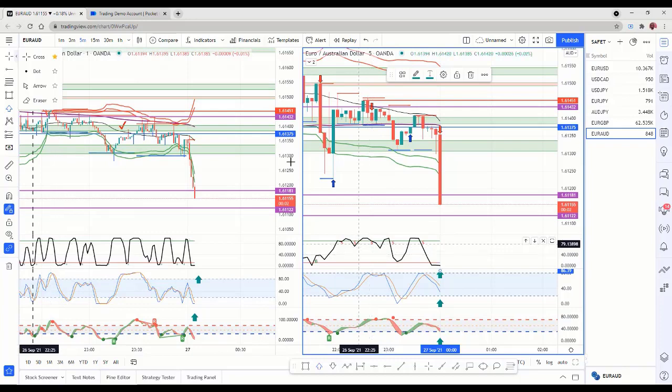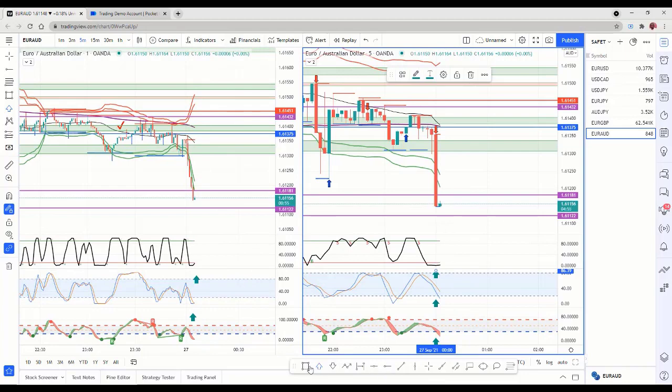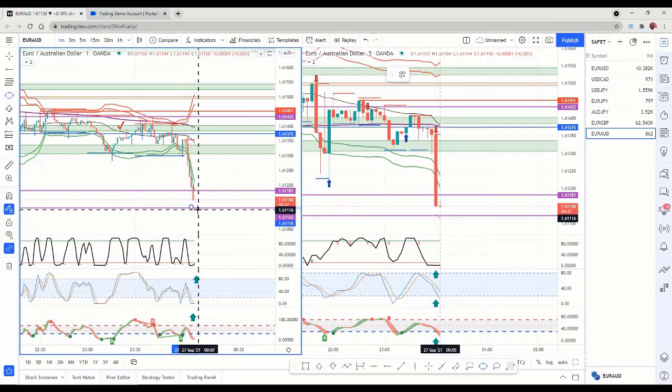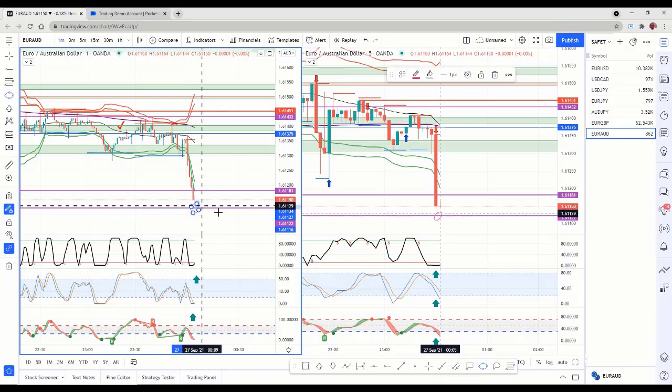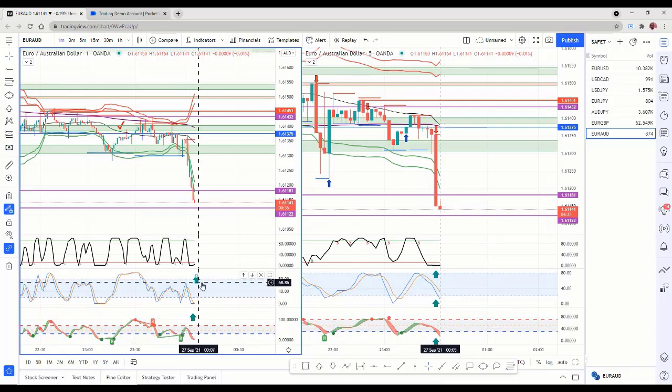I'm waiting for it to come to this area. For it to come to this area.